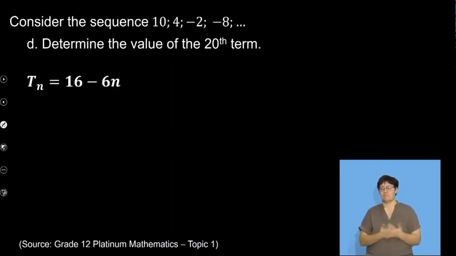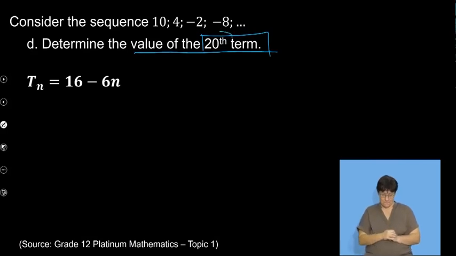So, we have been asked to determine the value of the 20th term. We are asked for the 20th term. We are not asked which term is equal to 20. 20 is then going to be my n value that I am going to substitute in.